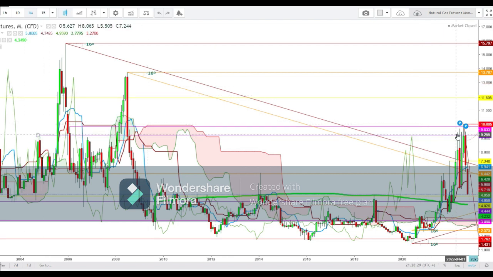So this was the level which provided strong resistance to natural gas futures when the natural gas futures constantly tried to sustain above this and finally tested a peak at the levels of $10.005 in August 2022.